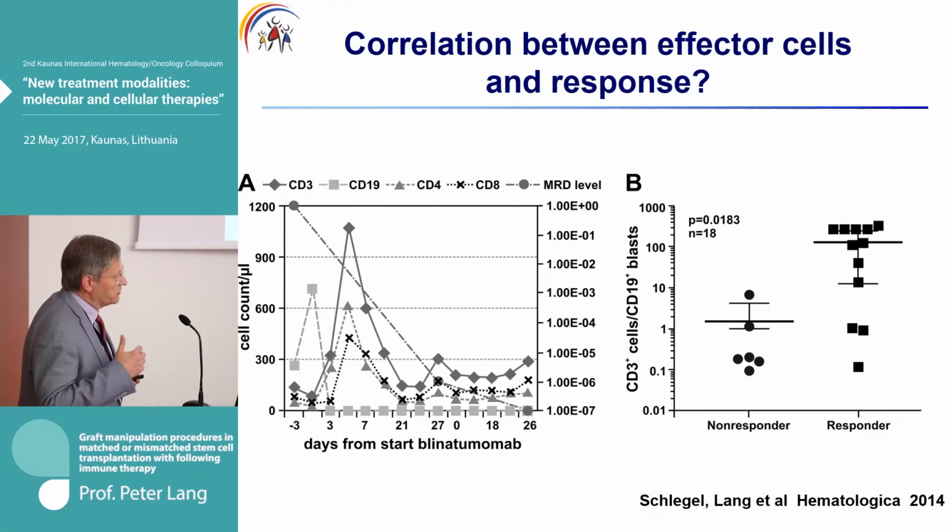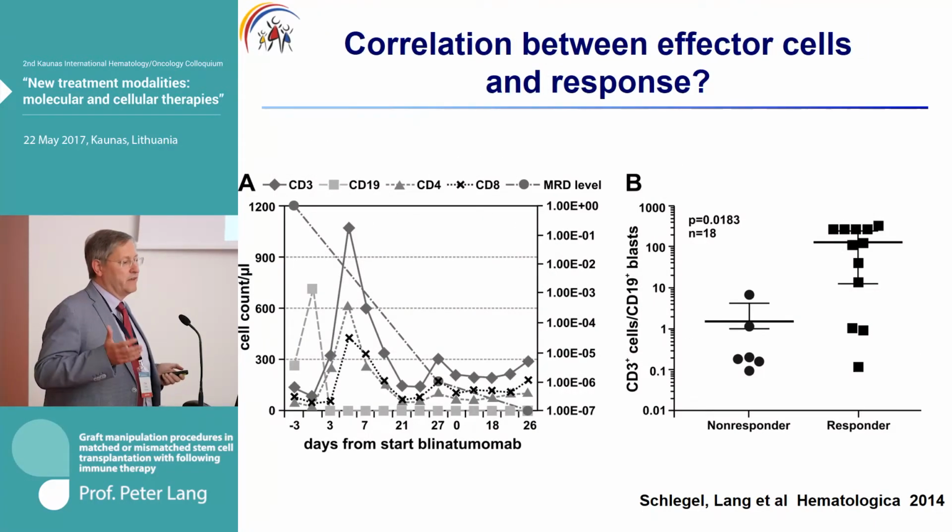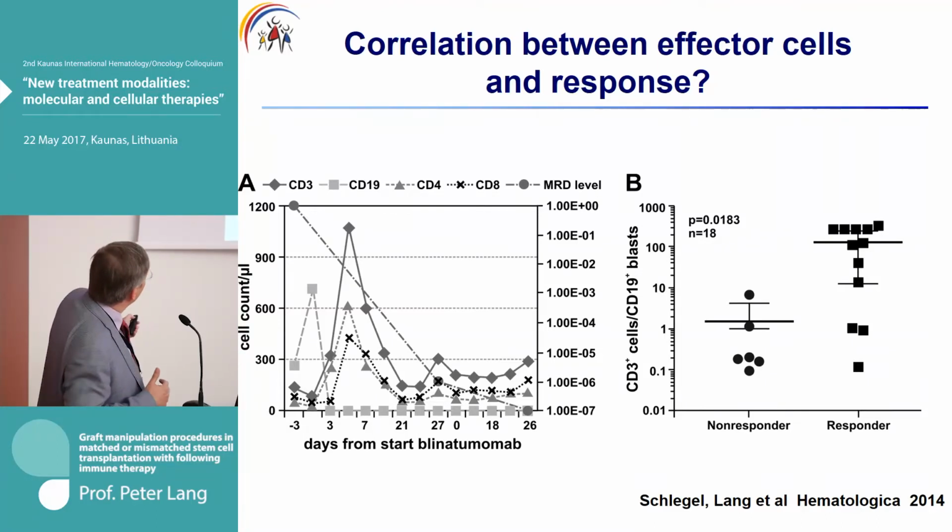So the question was, is there a correlation between the number of effector cells and response? You can see here the course of T cell counts during blinatumomab therapy. Normally, we observe a strong T cell proliferation a few days after the start of blinatumomab therapy, and within this T cell proliferation, the MRD goes down.